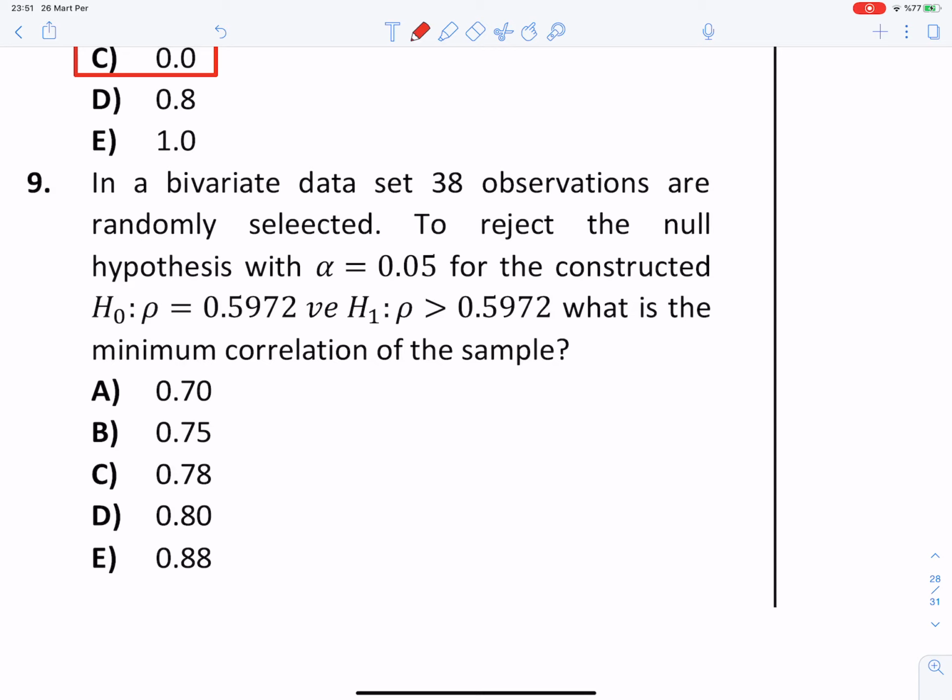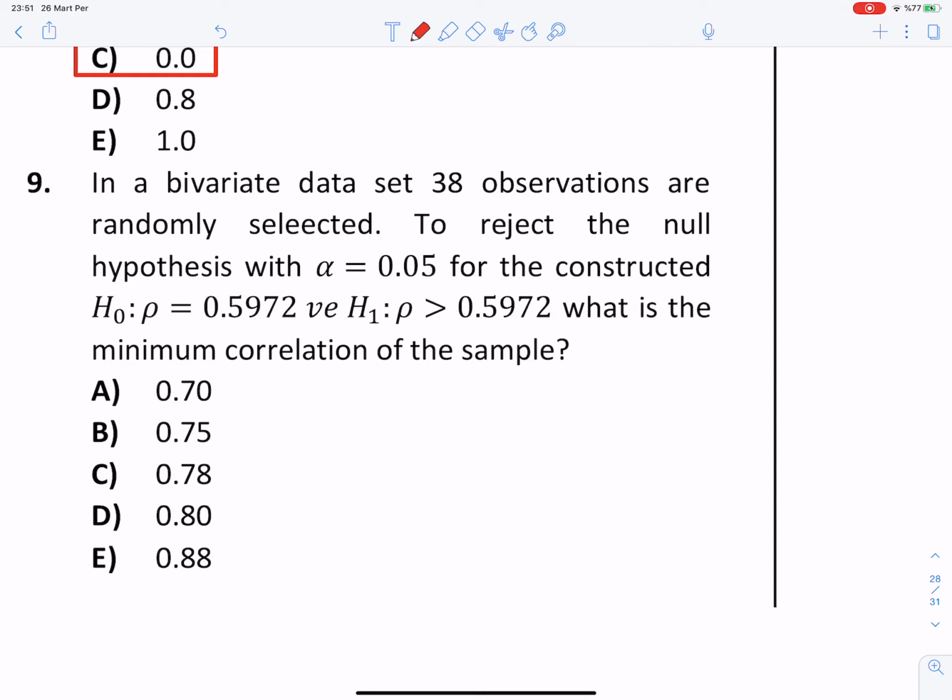Okay, if you want to reject the null hypothesis, the calculated statistic should be at least equal to the critical value.